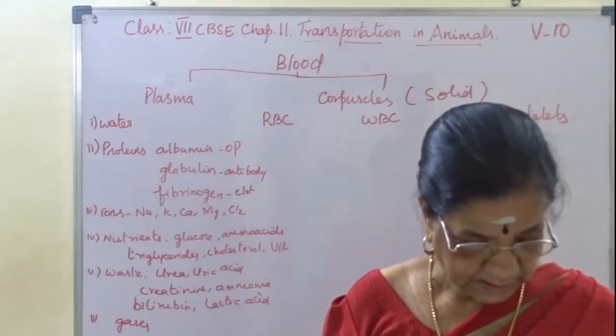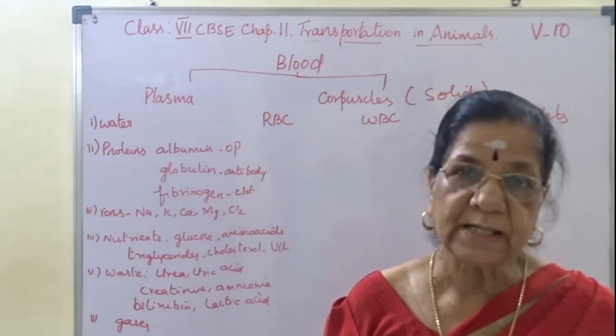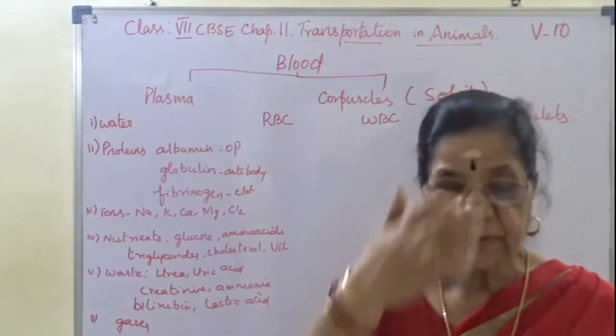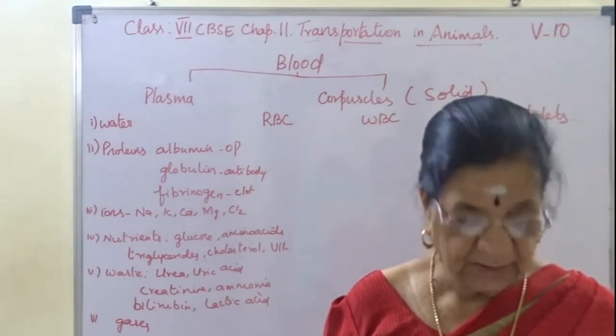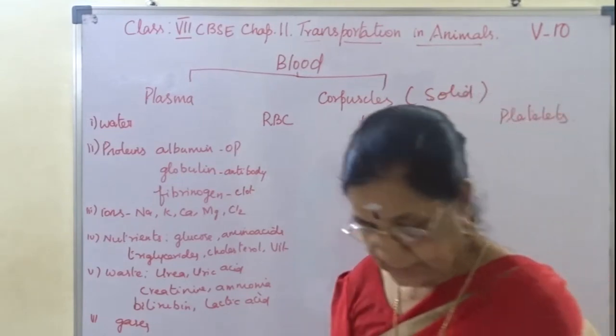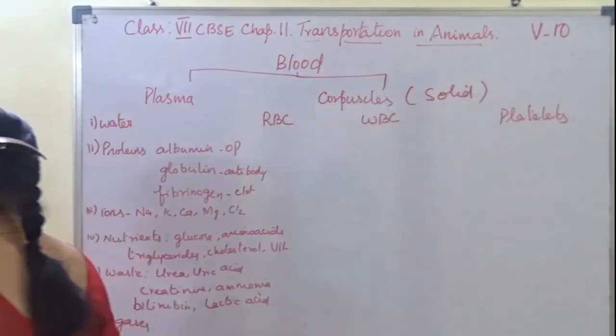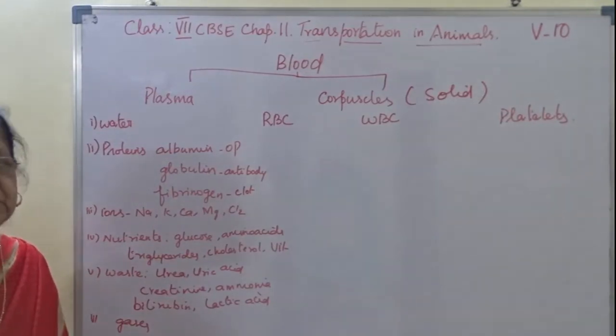Clear? Then gases are exchanged: oxygen for aerobic respiration, carbon dioxide as a waste product of respiration, and nitrogen, which is an inert gas. Then regulating substances are hormones and enzymes.